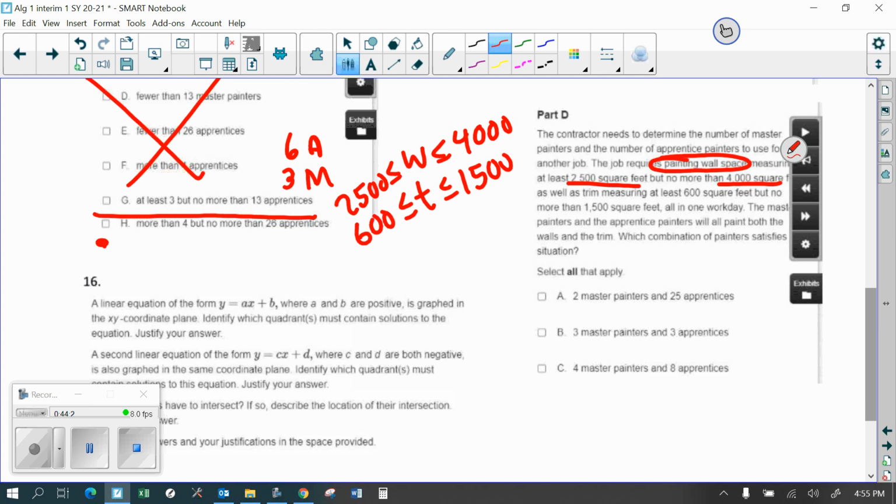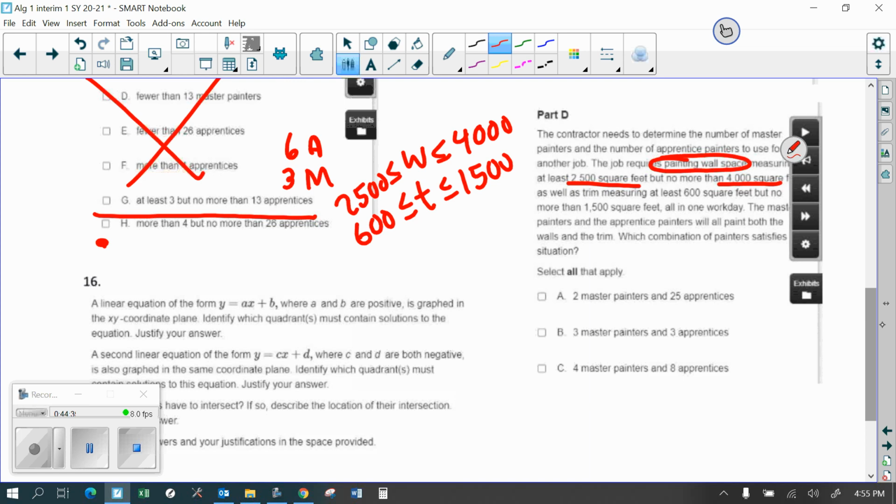So those two conditions, all in one workday. The master painters and apprentice painters will paint both the walls and the trim. So we're using that combination.